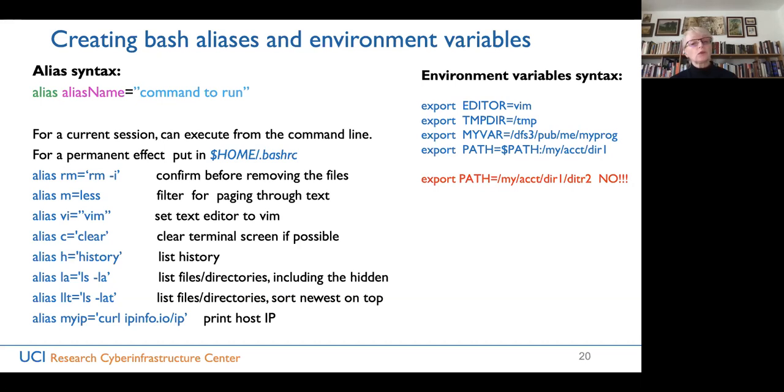If you want to amend your PATH, you have to execute the last blue line on the screen. If you do what is written as a red line here, you will simply overwrite your PATH and then you lock yourself out of all available commands on the system. So be careful when you try to modify variables.